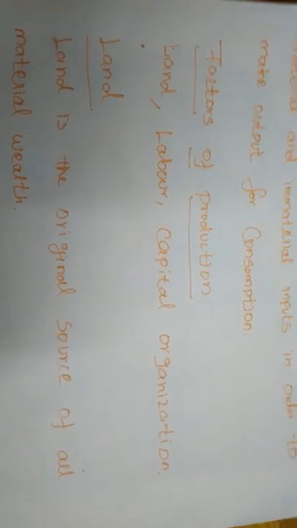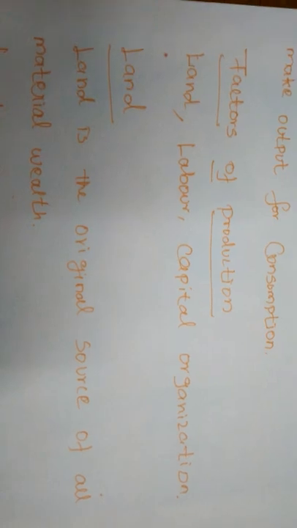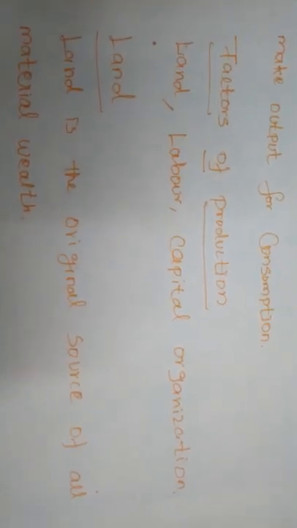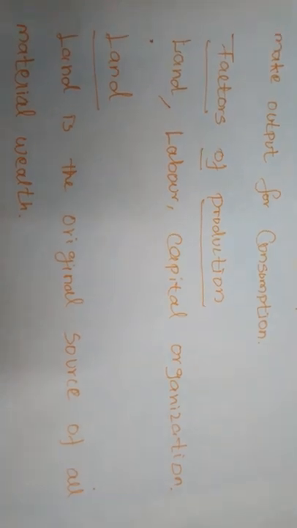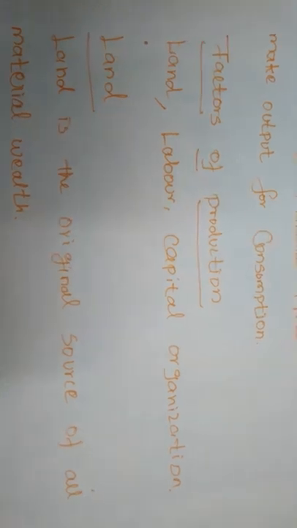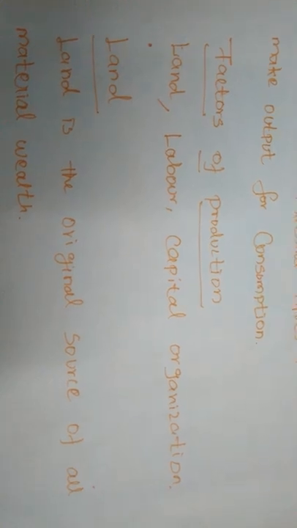Without land, we can't produce any crops, and even in the industrial sector. Likewise labor: without labor, we can't produce anything. Then capital and organization. So without these four factors, we can't produce any commodities.